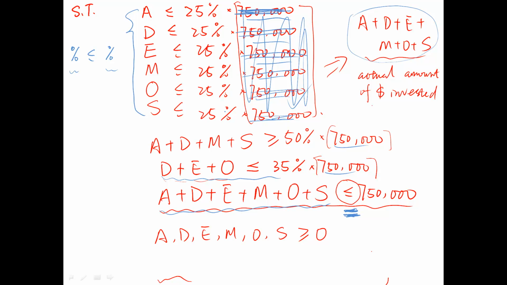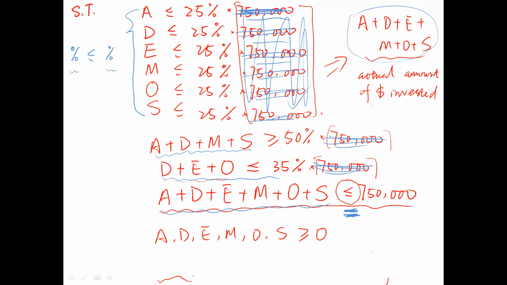Then same for these two constraints here. The total percent we put in A, D, M, S should be greater than or equal to 50%. So cross this one. The total percent of money we put in D, E, and O should be less than or equal to 35%. Okay.